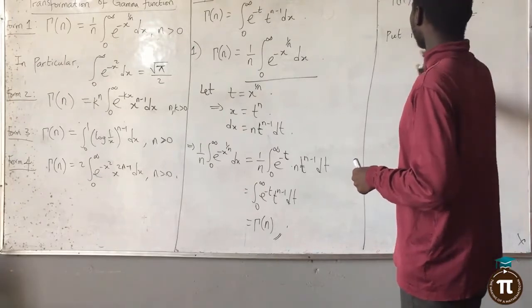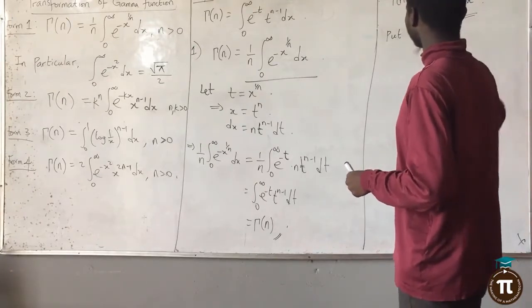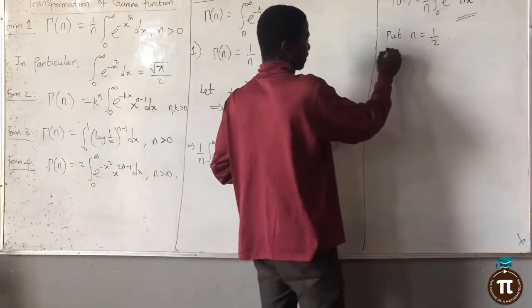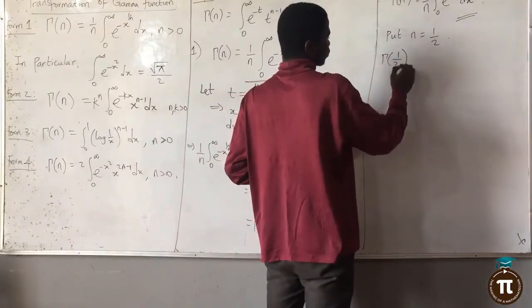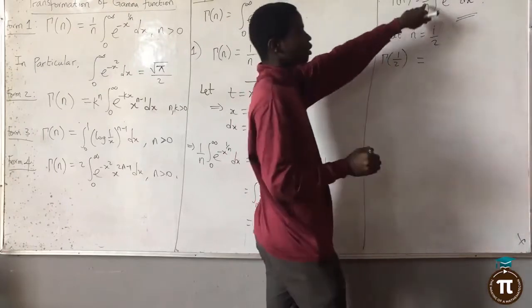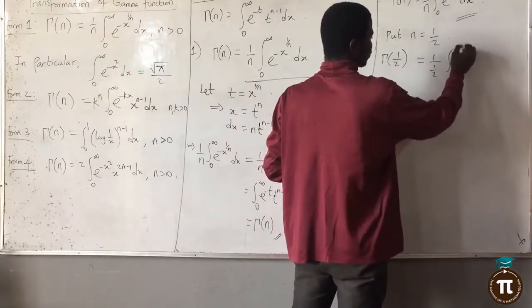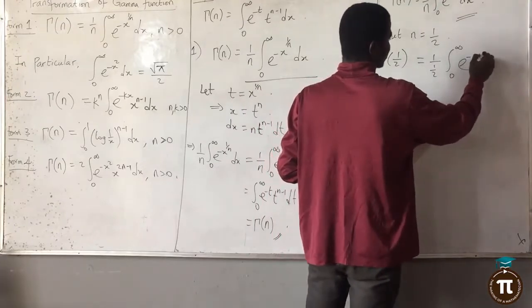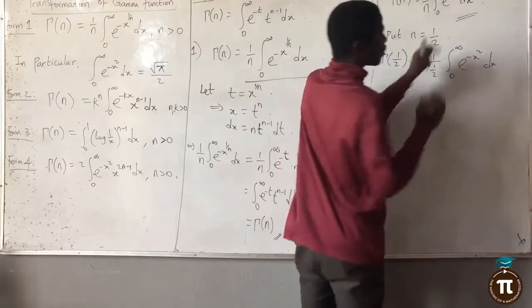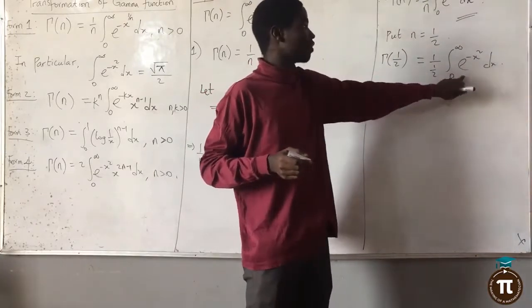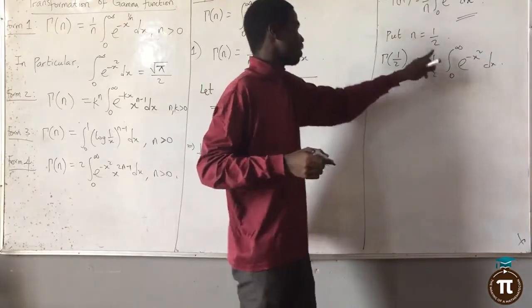Now put n to be 1 over 2, so that we have gamma of 1 over 2 equal to 1 divided by 1 over 2 integral from 0 to infinity of e raised to power minus s raised to 1 over n. 1 over n is 1 divided by 1 over 2, that is 2. So that's why I have e raised to the power of minus s squared.